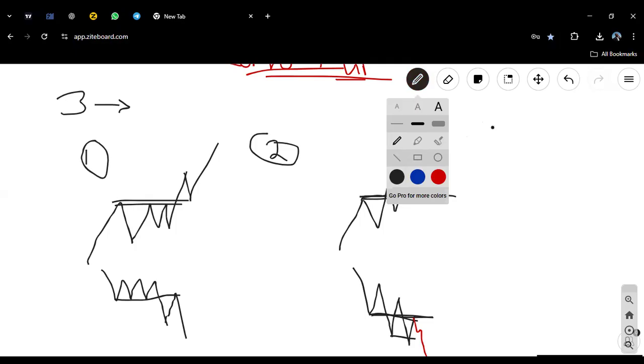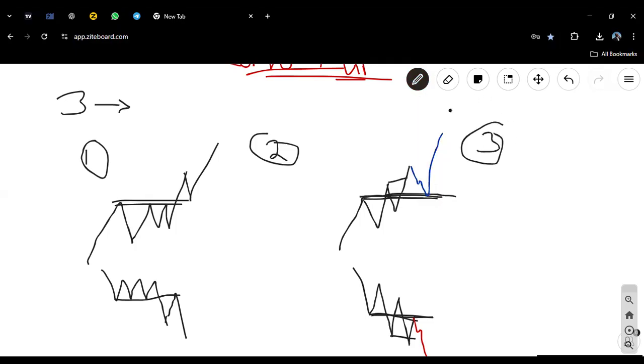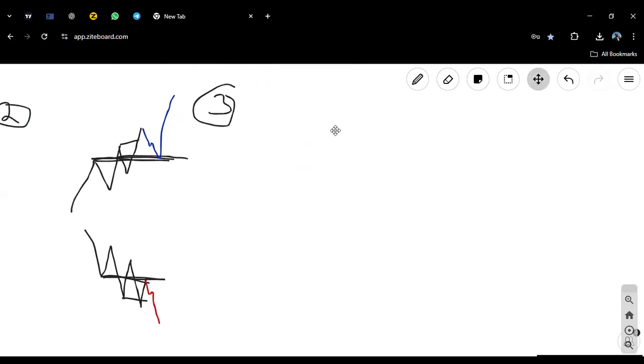Now the third one, which is my favorite, is when we have a weak closure on a certain high, and then later the market breaks that level by body.